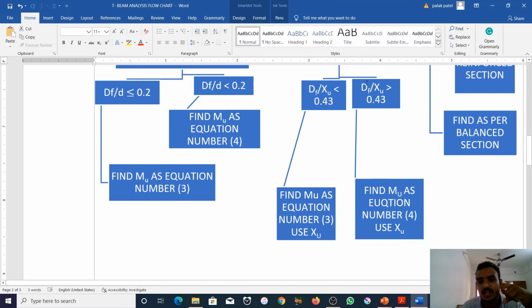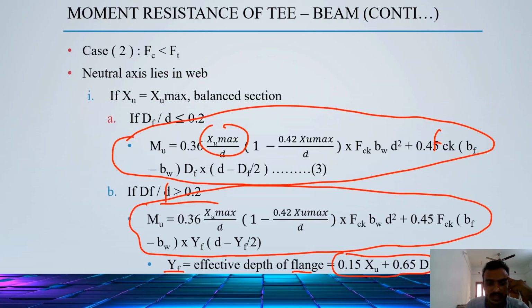Look here. If the Df by Xu ratio is more than 0.43, then we have to follow equation number 4. Use Xu. This is equation number 4.